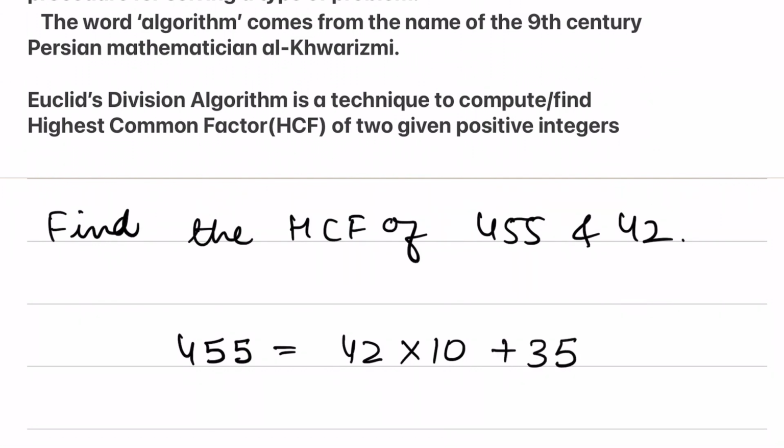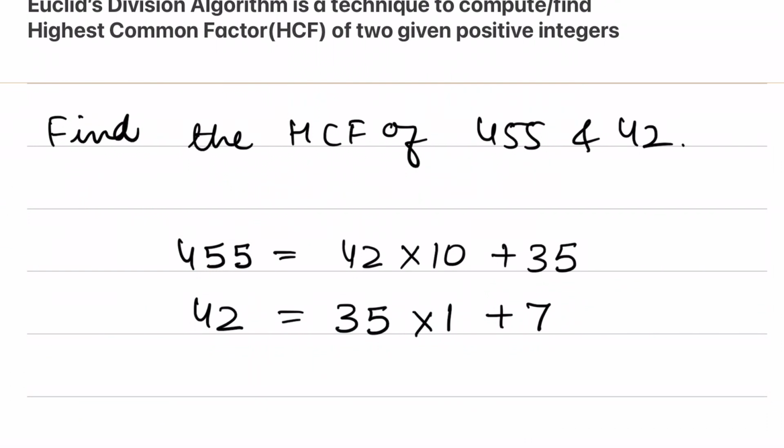Now the previous divisor becomes the dividend and the remainder becomes the divisor. So 42 = 35 × 1 + 7. Now again the previous divisor becomes the dividend and the remainder becomes the divisor: 35 = 7 × 5 + 0.